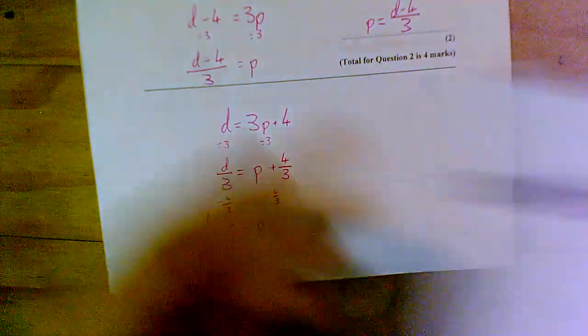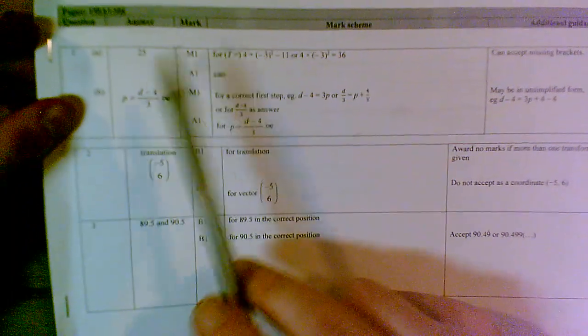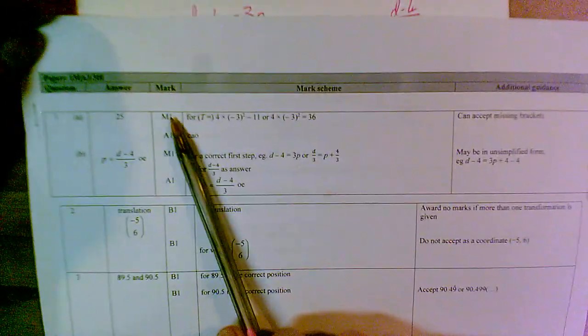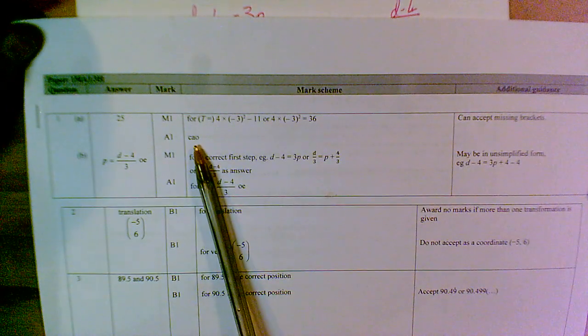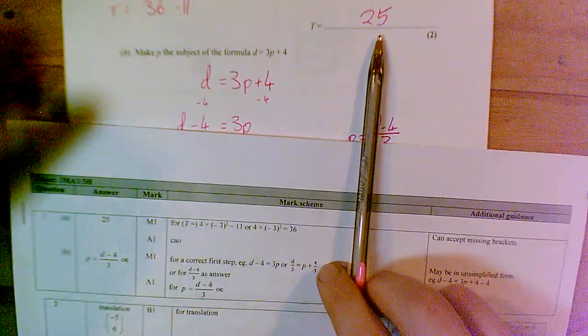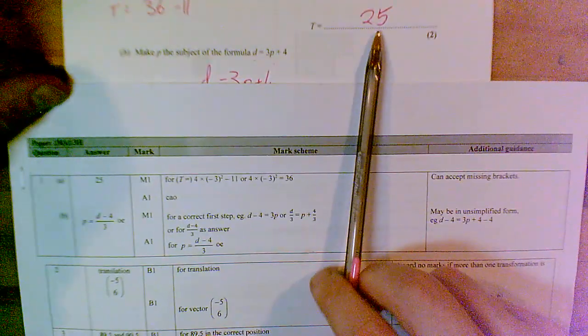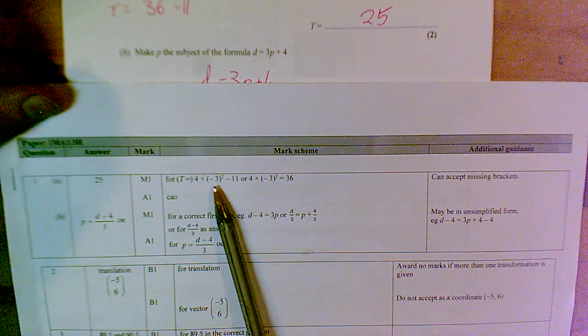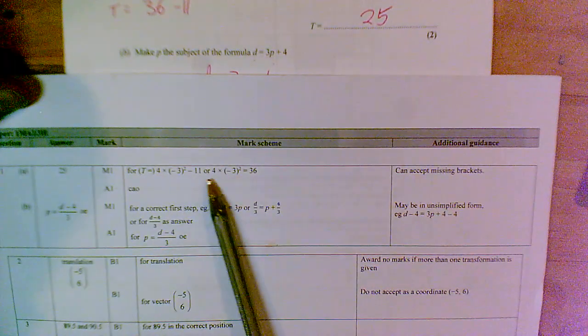Quick note on the mark scheme so you can see what they look like. So you actually got the first mark. This is a method mark, so 25 will get you the mark, and just writing 25 is enough on its own. I advise you don't just write the answer though, because if you make any sort of mistake you'll get 0 marks. But there's a method mark for just writing the negative 3 in there.